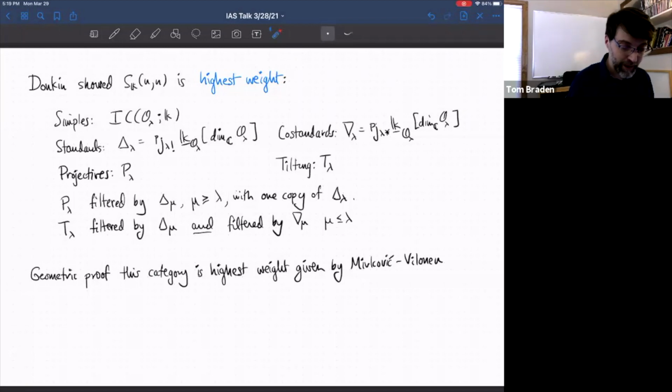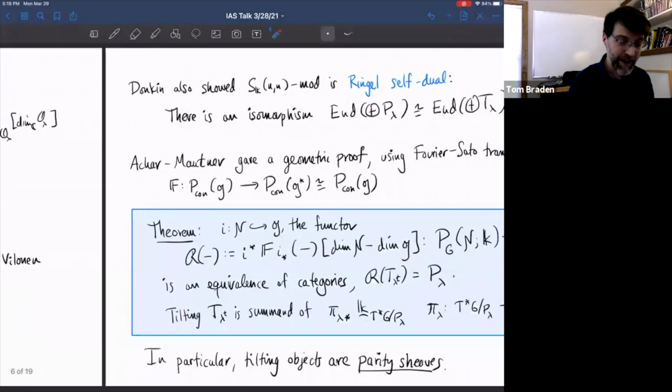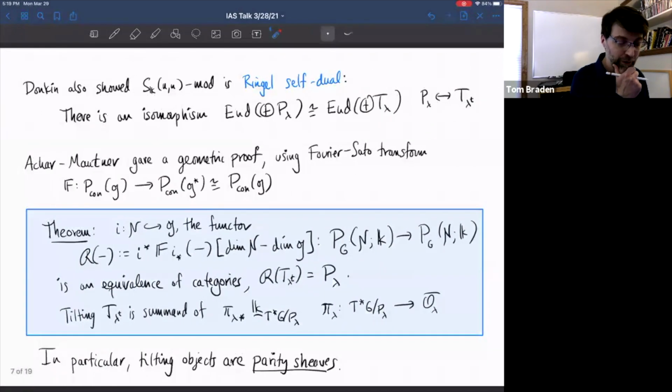Right. So we have this highest weight category, and then the question is, what can we do with it? Well, there's an additional thing, which is that this category is not just highest weight, but it's actually Ringel self-dual. So this says that there's a relationship between the projective objects and the tilting objects, and speaking as somebody who likes perverse sheaves and topology, this is really important because the tilting objects are relatively easy to understand.